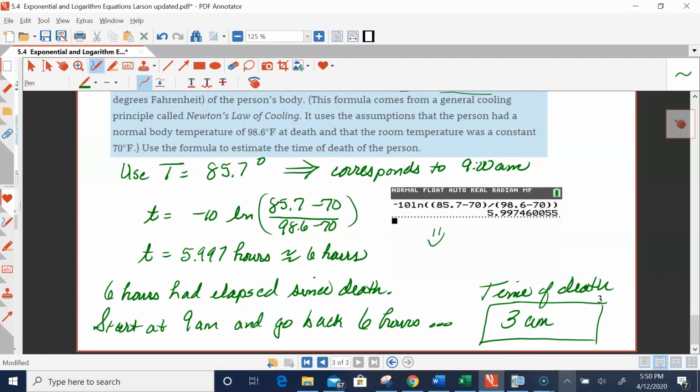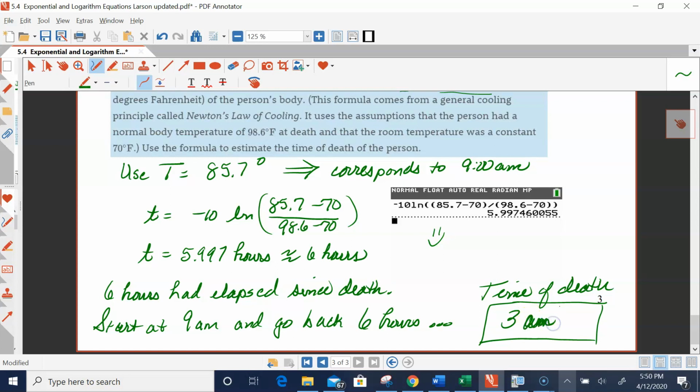I come up with t equal to approximately 6 hours. So that means 6 hours had elapsed since death.